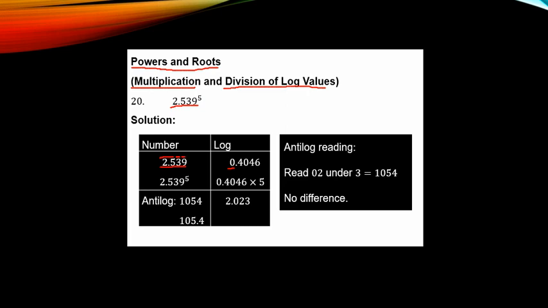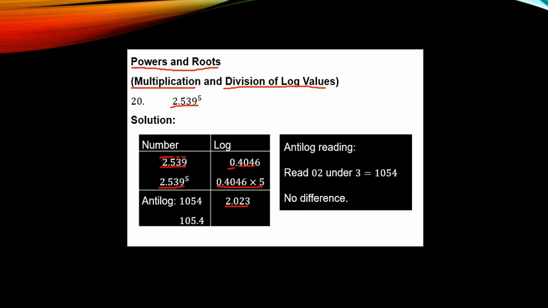That is 4046. If you include the power to it, you multiply the result by 5. So you have 0.4046 multiplied by 5, and that is 2.023. You check the antilog of this number to get the result.